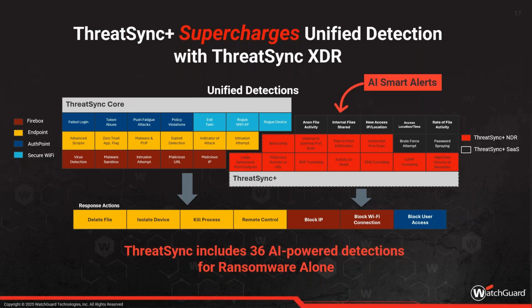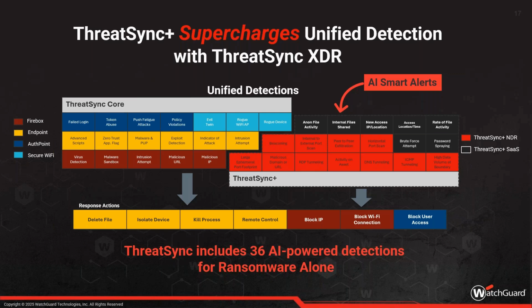But with our ThreatSync Plus capabilities, we're actually adding even more detections on top of that. So things like the internal to external port scans and beaconing, things that are evidence that somebody is within your environment and is trying to do some reconnaissance within the environment. The ThreatSync Plus SaaS capabilities here, really looking at cloud access behavior and file movement, and really broadening the scope of XDR into some of those cloud environments.